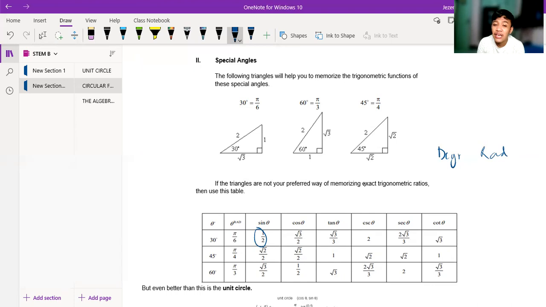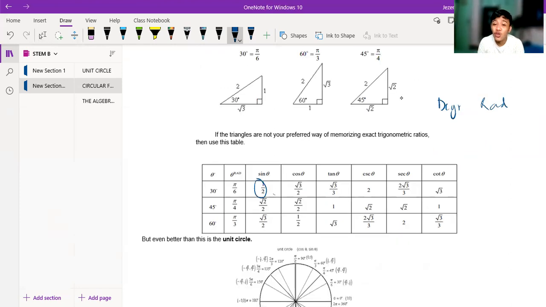So, ibig sabihin, guys, ito yung mga mahalagang angles na kahit hindi natin calculator, ay kaya natin sauluhin. Nung kami ay high school, just to share, sinaulo namin to. And may pattern naman yan. Yung 30 at 60, baliktaran lang yan.